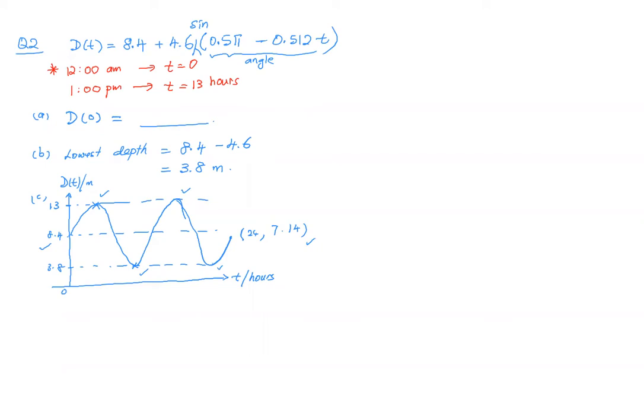Miss, I didn't get the starting point same as yours. The starting point is not 8.4, it's 13. Wait, let me check. Yeah, I got 8.4. Do you know what I typed into my calculator?